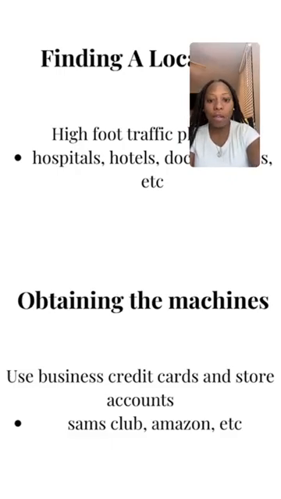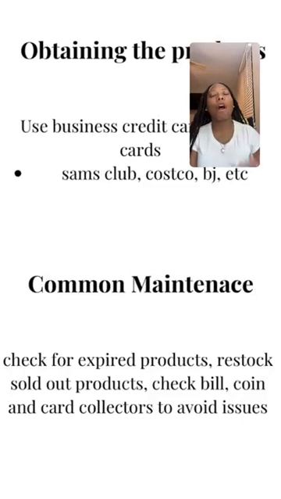Now, once you have your vending machines, the next thing you're going to worry about is how you are going to get the products inside the vending machine. If you are doing a traditional vending machine, you can simply go to Sam's Club. We all know they sell bulk items, right? I was just in Sam's Club the other day, and I was showing you guys yesterday when I was in there.